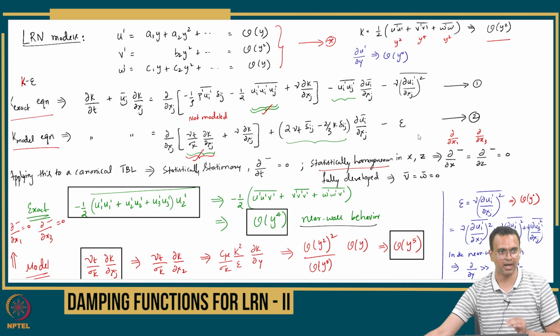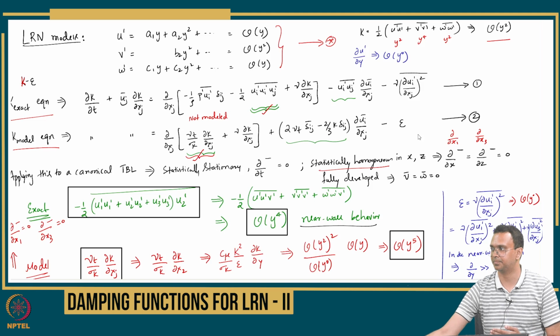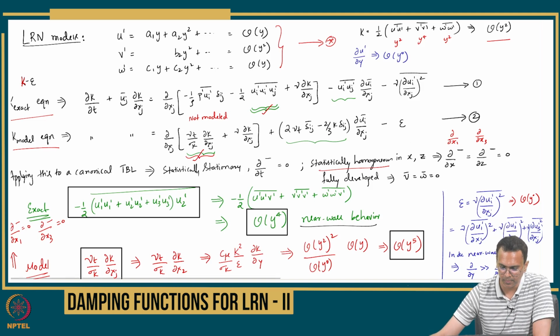Merely having a lot of grid points close to the wall does not mean you will get the correct model behavior. You must use the damping function also. Just because you are capturing the near wall data doesn't mean that it should be good. It may give wrong data unless you damp it correctly to account for the 2 component limit. Otherwise the prediction will be much different than what it should be, okay, fine.